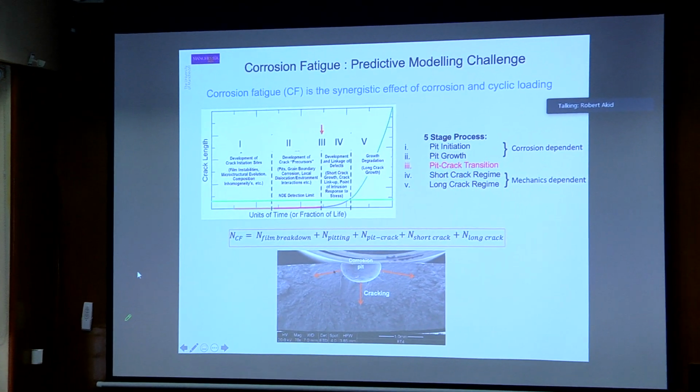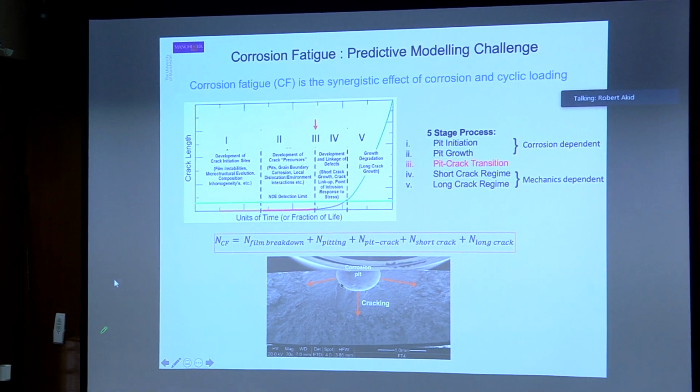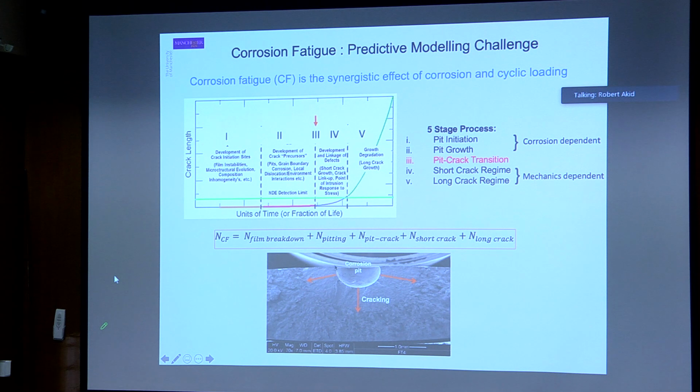So we've seen that the strain localization is occurring in these regions where the crack initiates, and eventually these cracks develop until they become what we call a classical hemispherical fracture mechanics crack.